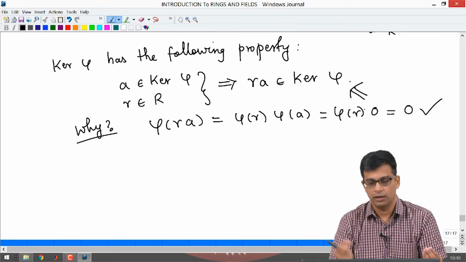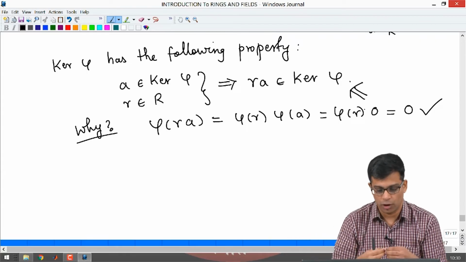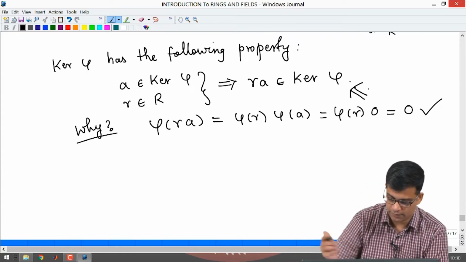Take anything in the kernel, take anything in the ring, even outside the kernel, and the product is in the kernel. So, the kernel has the following properties.